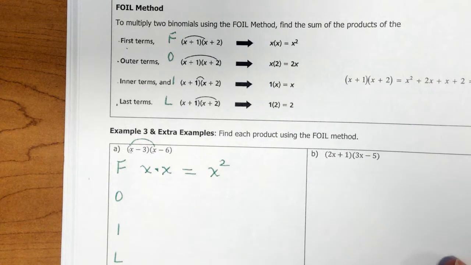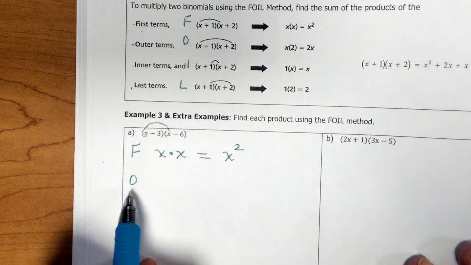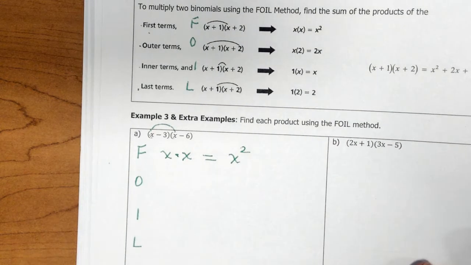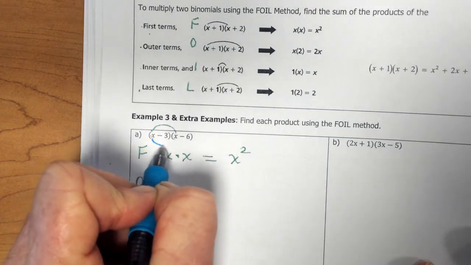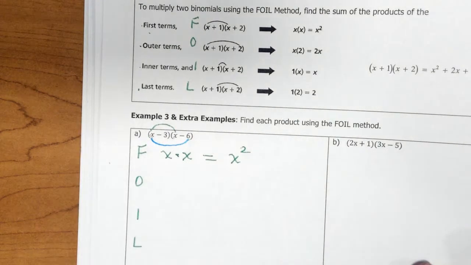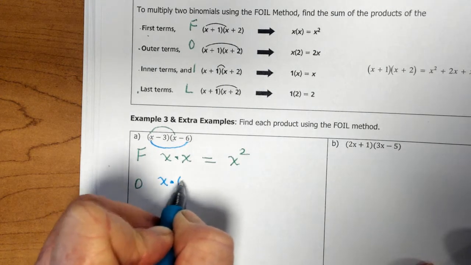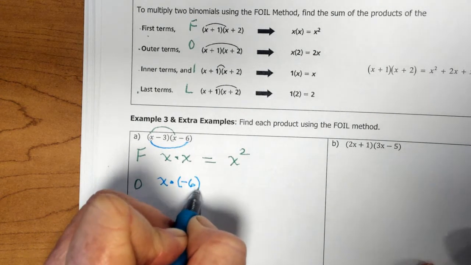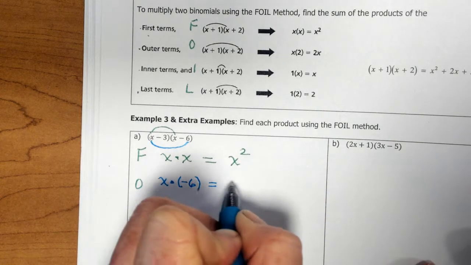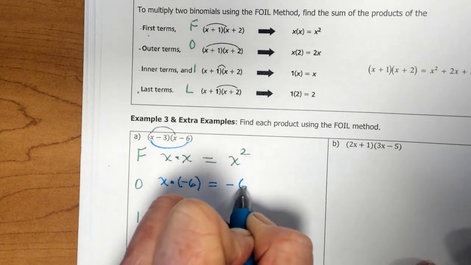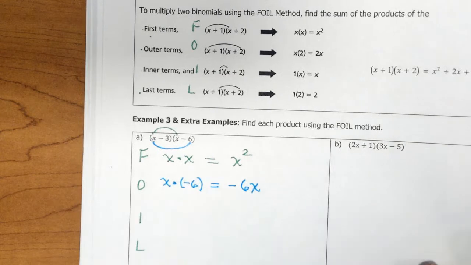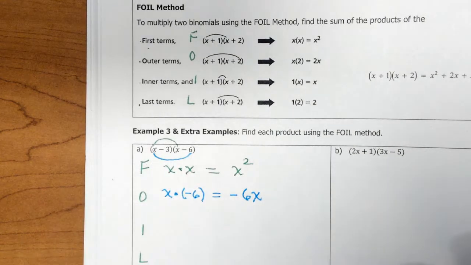Now I'm going to multiply my outer terms. So what are my outer terms? The outer terms are my X and my negative 6. So I'm going to multiply X times negative 6, and X times negative 6 is negative 6X. So those are the outer terms.